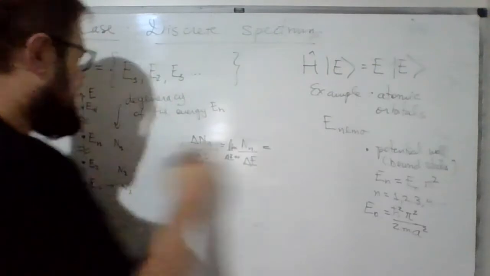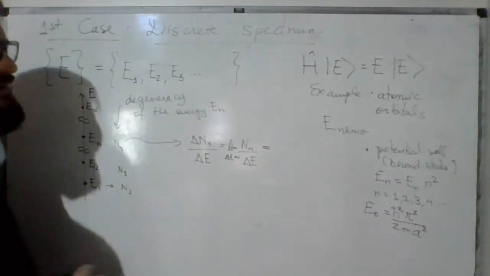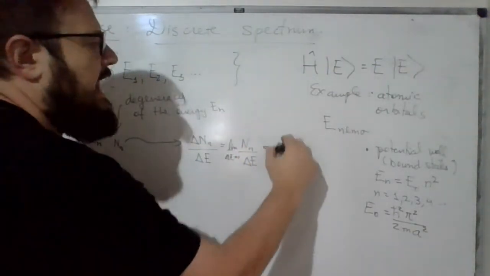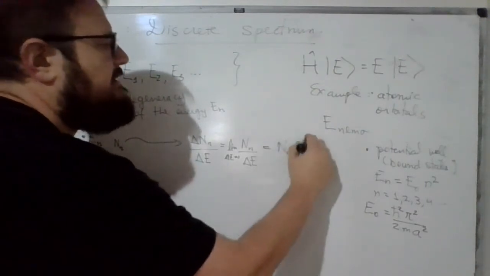So in this case, for a particular situation here, you'll have n states times the Dirac delta around that particular level.